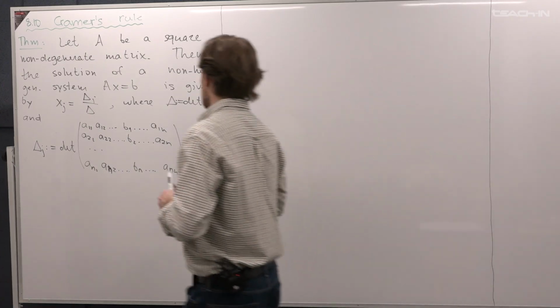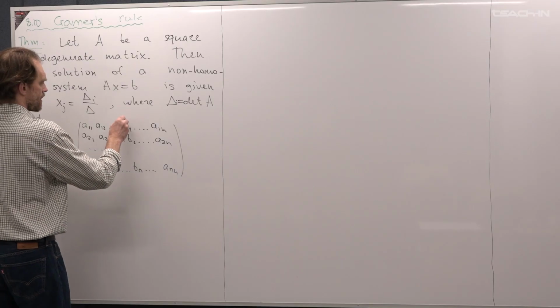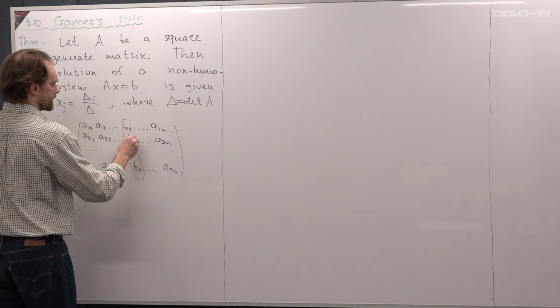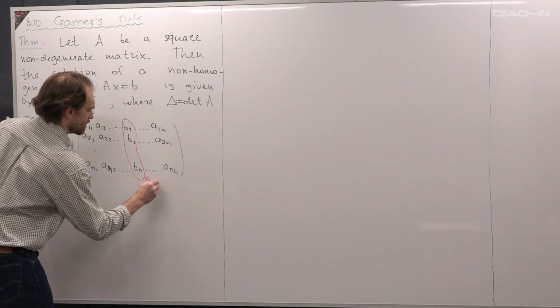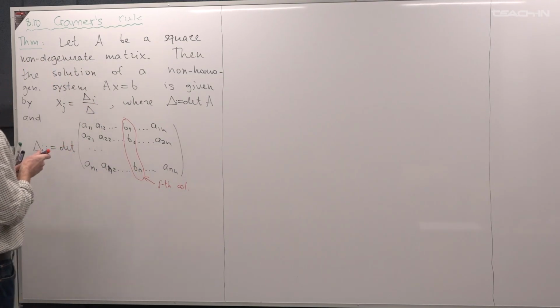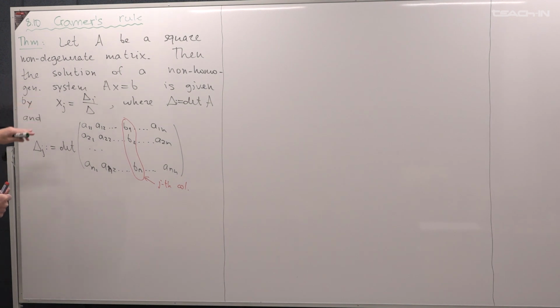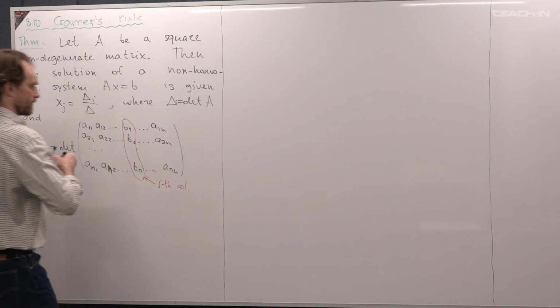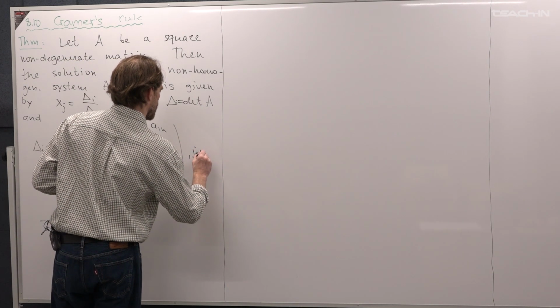Here we replace the jth column of our matrix by the right-hand side. So the theorem states that the solution of the system can be given by these explicit formulas, where j ranges from 1 to n.